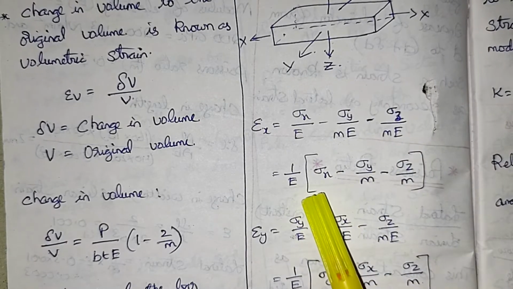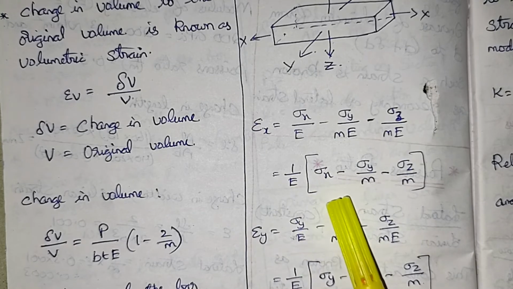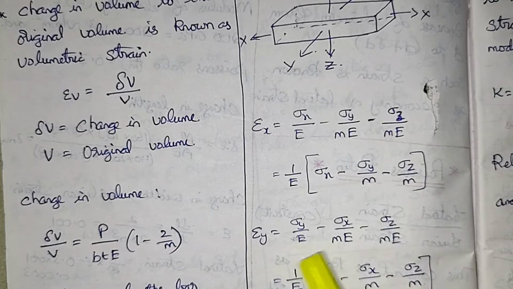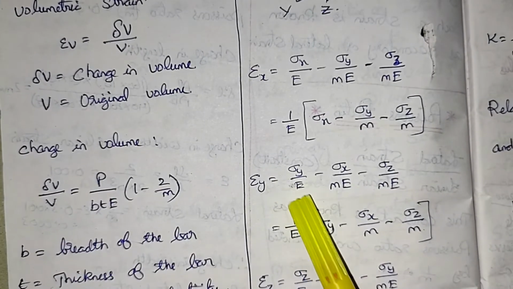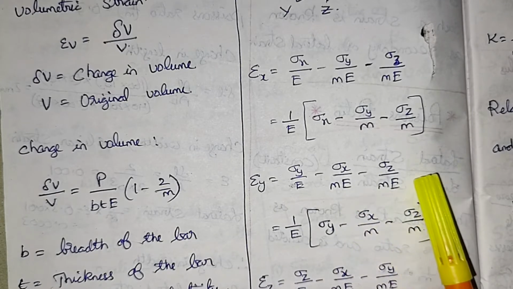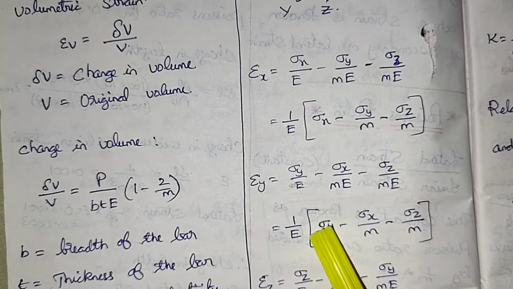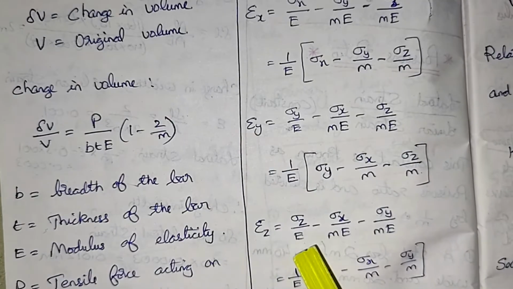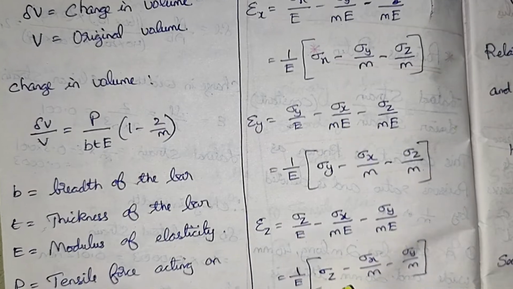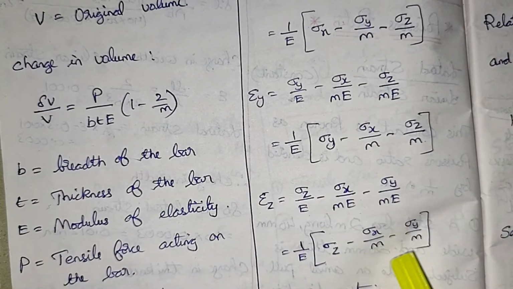That is equal to 1 by E into, if you take 1 by E outside, sigma X minus sigma Y by M minus sigma Z by M. Now Y direction, epsilon Y is equal to sigma Y by E minus sigma X by ME minus sigma Z by ME, that is equal to 1 by E into sigma Y minus sigma X by M minus sigma Z by M. Now Z, epsilon Z is equal to sigma Z by E minus sigma X by ME minus sigma Y by ME is equal to 1 by E into sigma Z minus sigma X by M minus sigma Y by M.